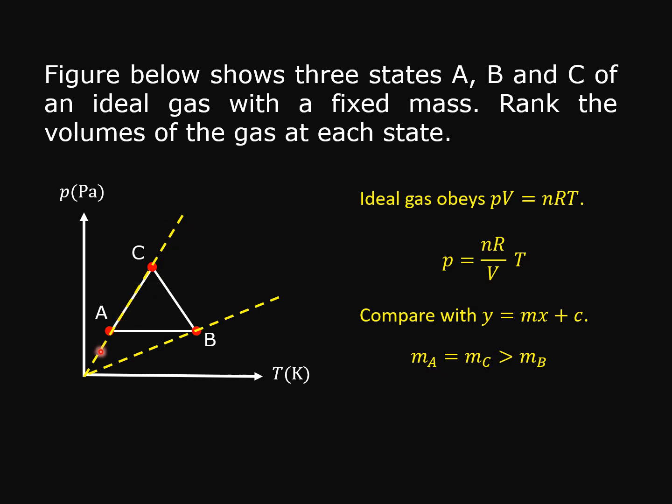The line that connects the origin and B gives the gradient MB, which is smaller, or less steep, than the line passing through A and C. That's why MA equals MC, which is greater than MB. Note that this M does not refer to the mass of the gas, it refers to the gradient of the line.